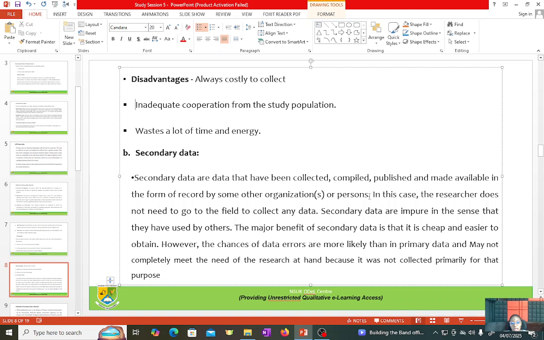These are the kind of data you get from the National Population Commission. The National Population Commission collects a whole range of different data, and let's say you want to research the cases of malaria in Kefi within the period of 10 years.